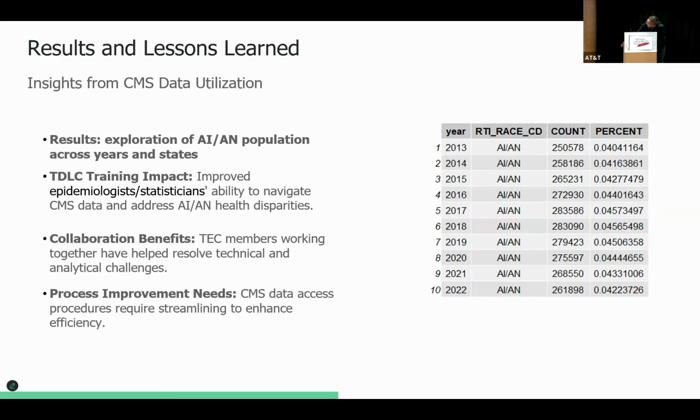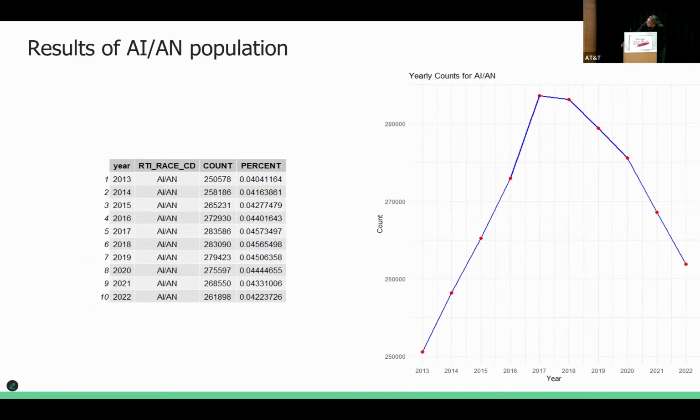So this is what I found first: what is the population across years? That's the result here, and I generate a chart to see the changes in population over the years.